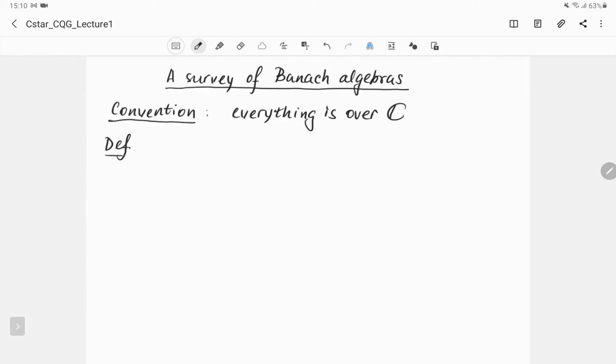By an algebra, I always mean an associative algebra over the complex numbers.